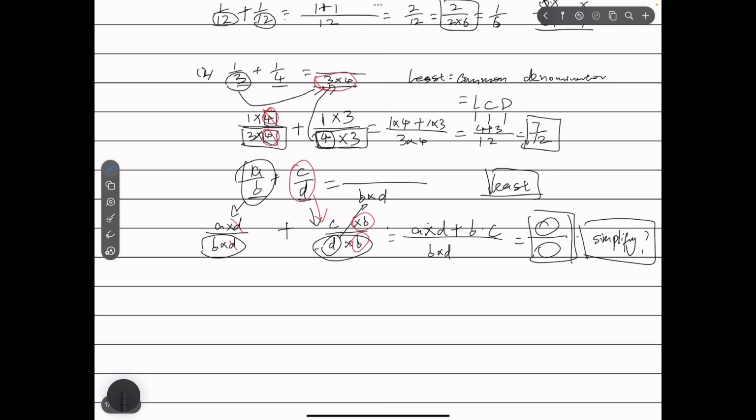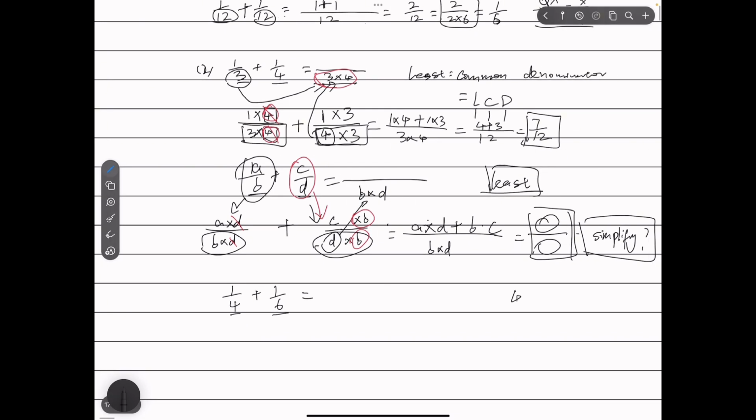So let's look at the other example. Let's say we have 1 over 4 plus 1 over 6. If we just find the common factor for 4 and 6, we can just use 4 times 6.